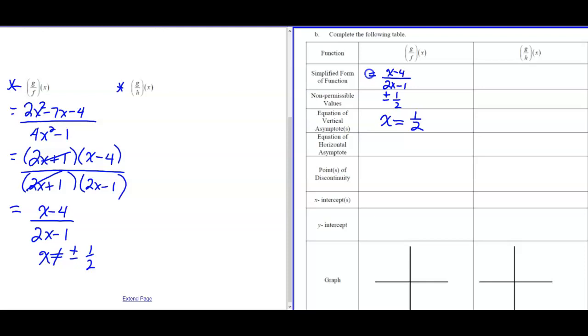Or you can look here, they're both the same degree. Coefficients, 1 over 2. So as x gets really big, this is going to approach 1/2. Okay, these won't have much of an effect on it. Okay, so that's going to be, it's horizontal, so it's y equals 1/2. It's not like the asymptotes, if we're to take the inverse.